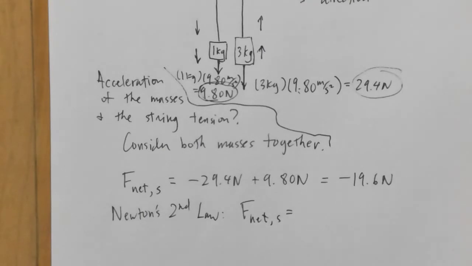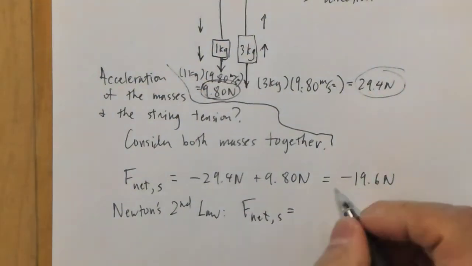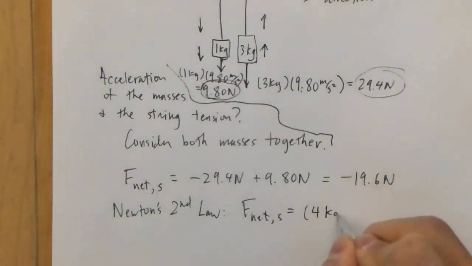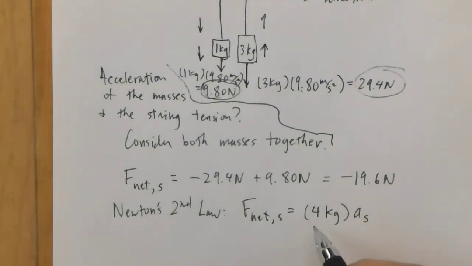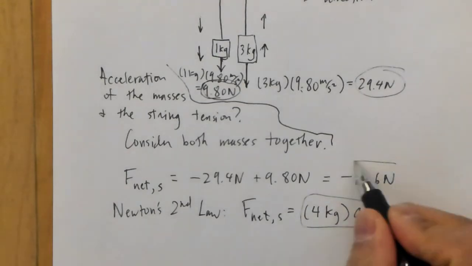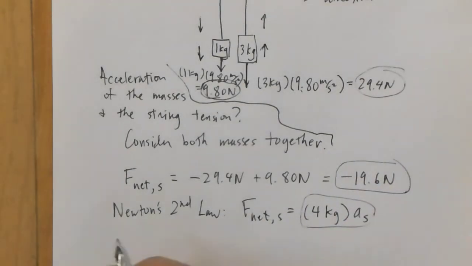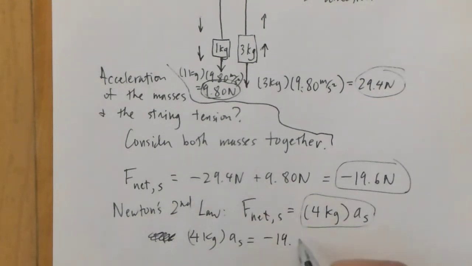It's 4, because I'm considering both together. 4 kilograms times the acceleration in the S direction. So I have 4 kilograms times A_S is equal to minus 19.6 newtons.